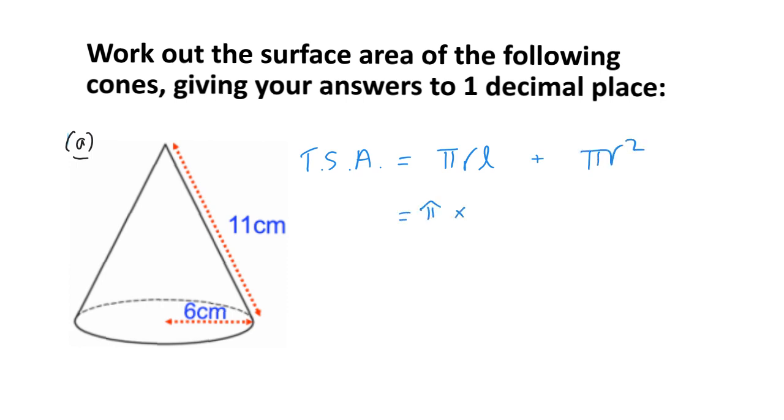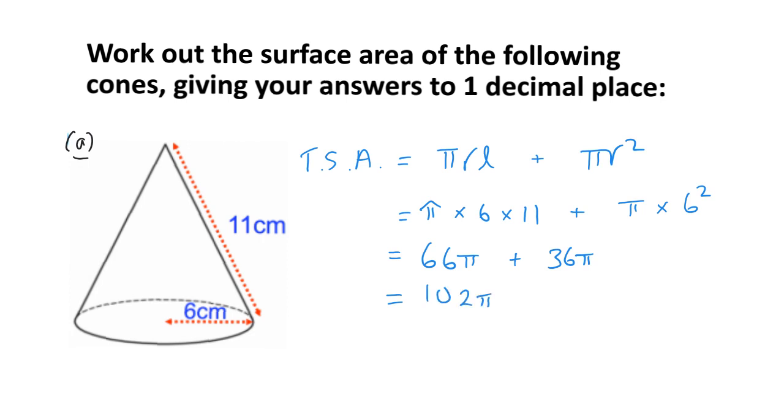So that's pi times 6 times 11 plus pi times 6 squared. That's 66 pi plus 36 pi, which gives us 102 pi.